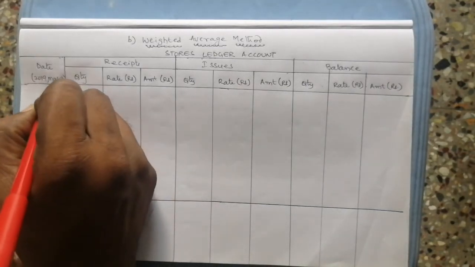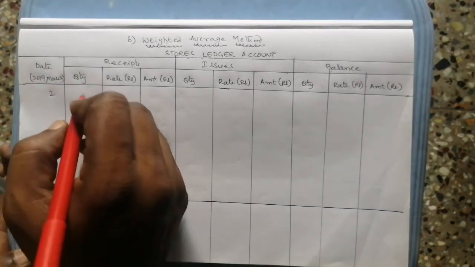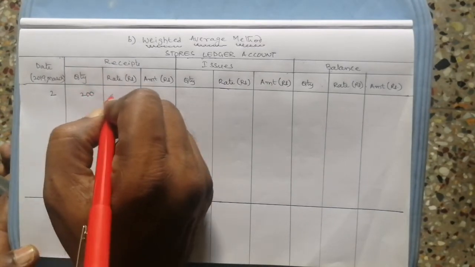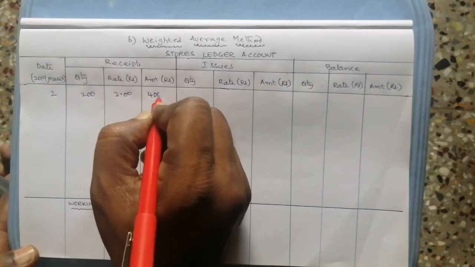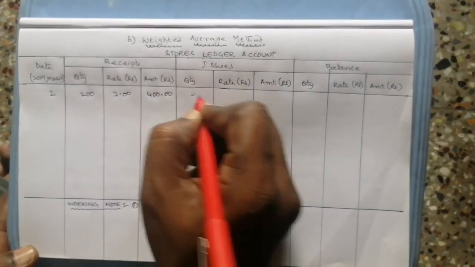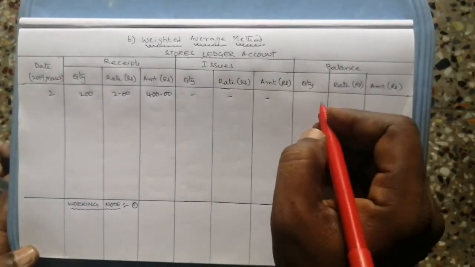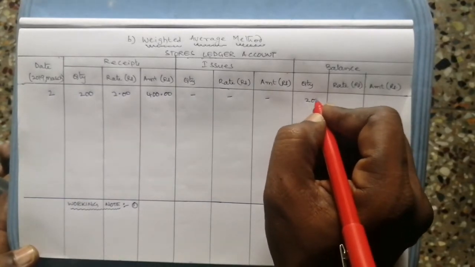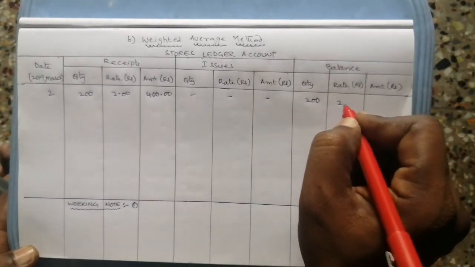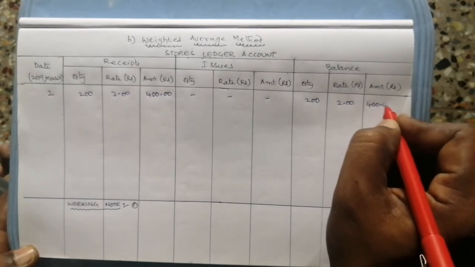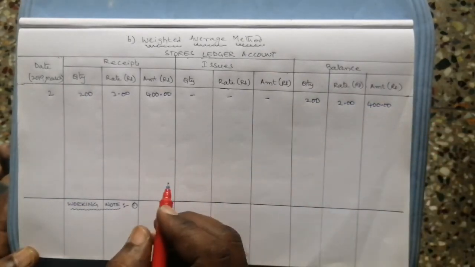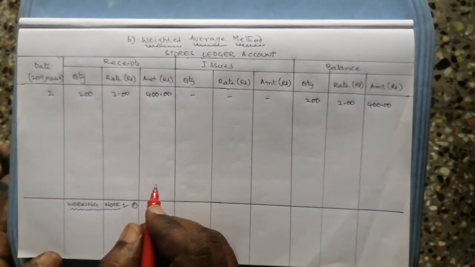Now on March 2nd, 200 units at the rate of 2 rupees, so amounting to 400. On this date there is no issue, so the quantity is 200, per unit 2 rupees, amount 400, no change, because only one transaction is there on that date.